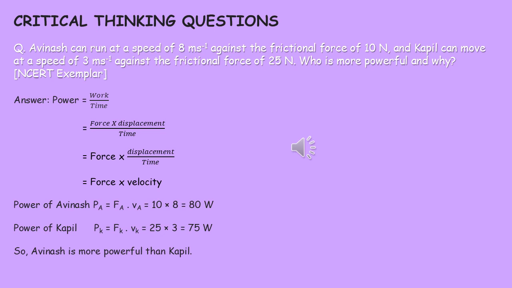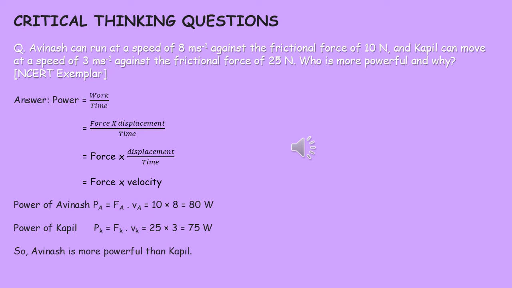Now the question is, we know that power is equal to work done by time. We don't know any mathematical relationship for calculation of power which involves speed. But the data provided here is speed of two boys and the frictional force against the motion.